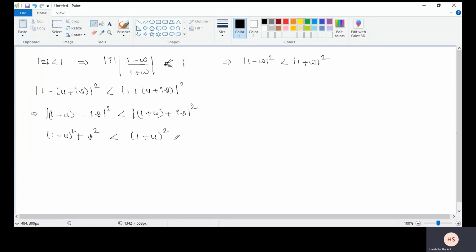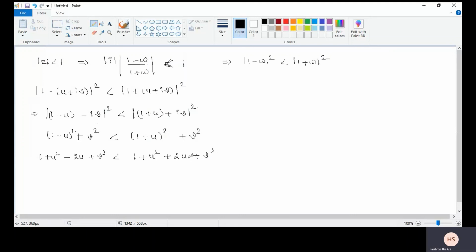Again, when we remove mod, all negative terms will convert into positive terms. Now split this: u square minus 2u plus 1 plus v square less than u square plus 2u plus 1 plus v square.